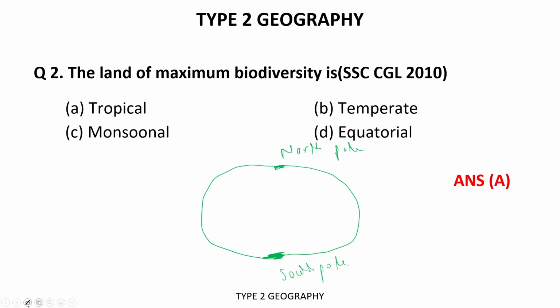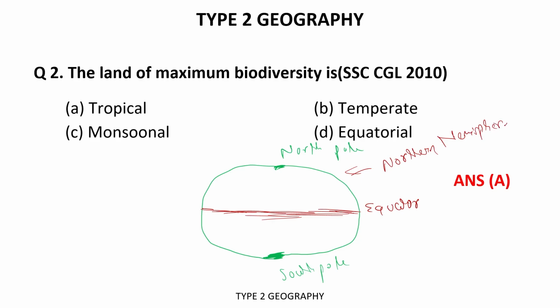Then there is a line going through the middle of the Earth, which is called the equator, which divides the Earth into the northern hemisphere and the southern hemisphere.